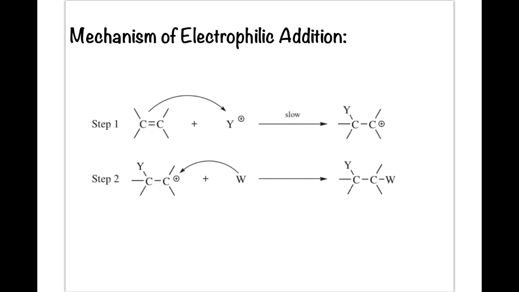Now, first thing, mechanism of electrophilic addition reaction. So today our focus is going to be mostly on the addition reaction to alkenes, right? So let's see. Alkene is electron rich, as you already know. Why is it electron rich? Because it has a pi electron cloud surrounding both of these carbons, right?